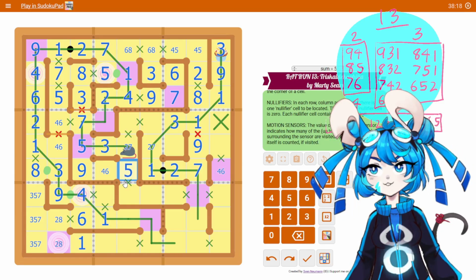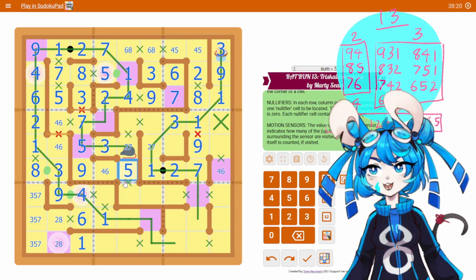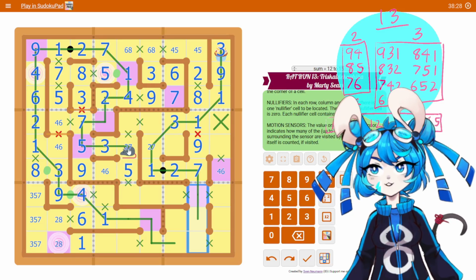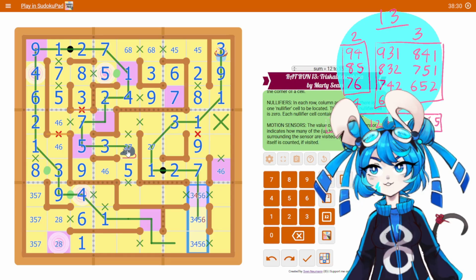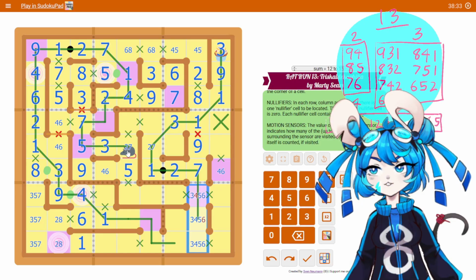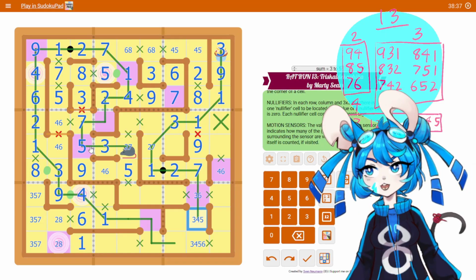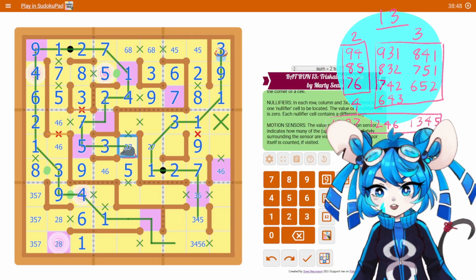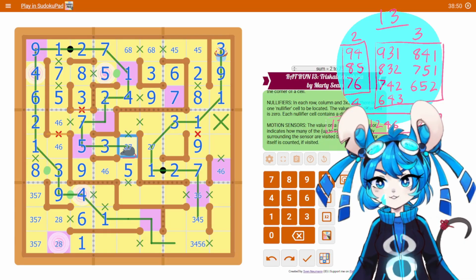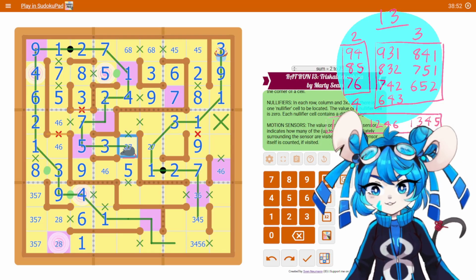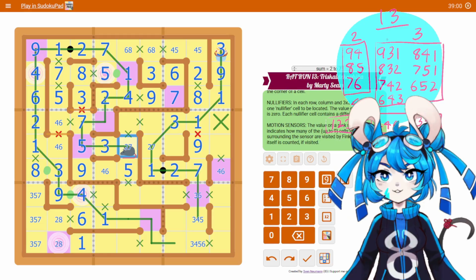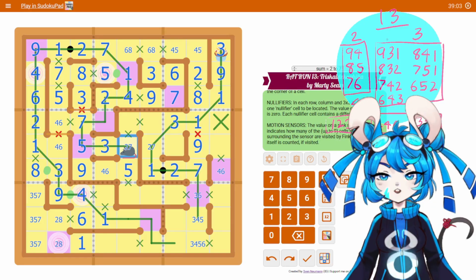Putting a 5 here by a row. These 4 digits are 3, 4, 5, 6. This can't be 4, 5. A 3-digit combination that contains 4 and a 2 or a 7. Well, it could be 4, 7, 2, potentially.